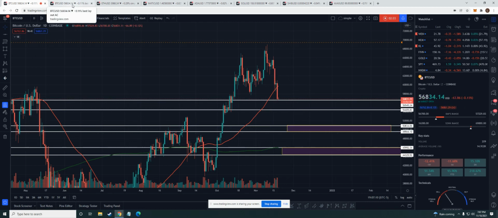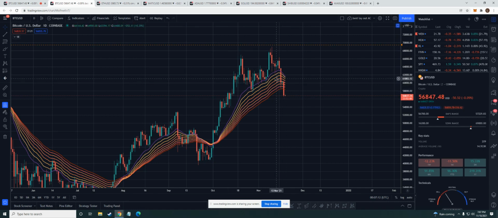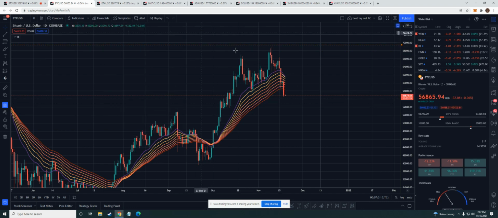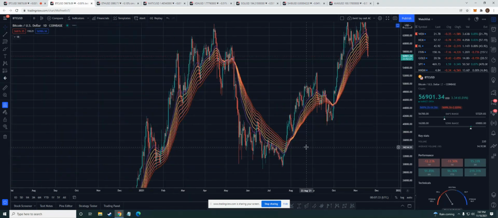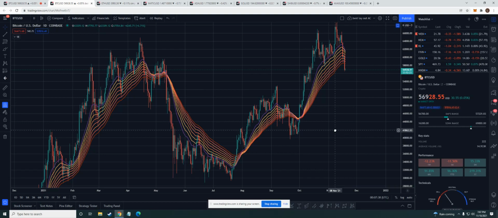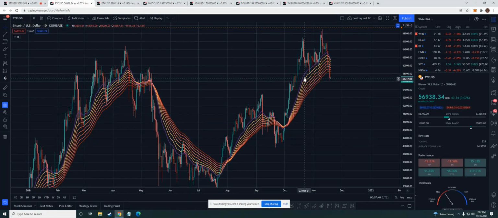We're going to go back to our old school ribbons. And for some of you new guys that are following my channel, you go to templates in Trading View, and you go to MAEXP ribbon. That's how you get this. Basically, what we want to see is this top line. I have mine purple.